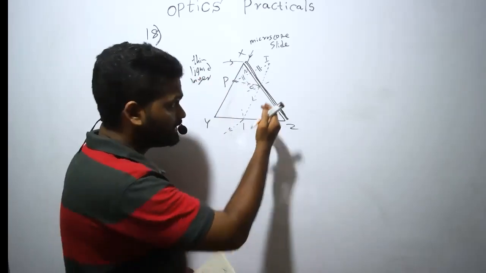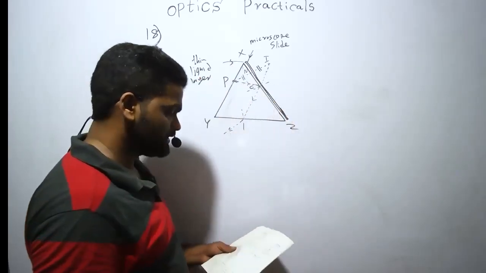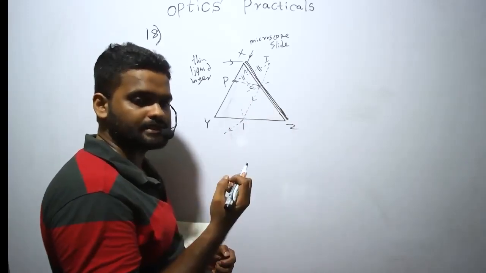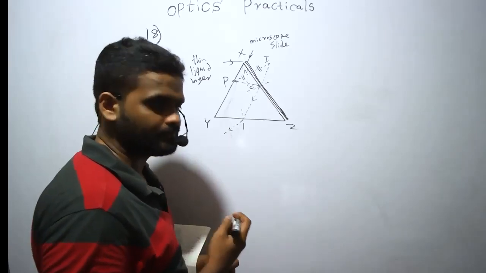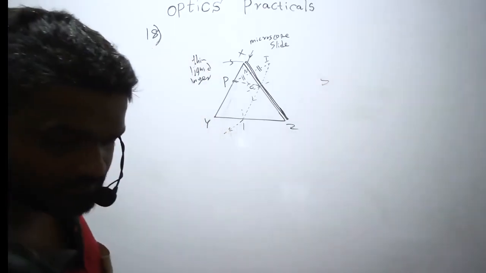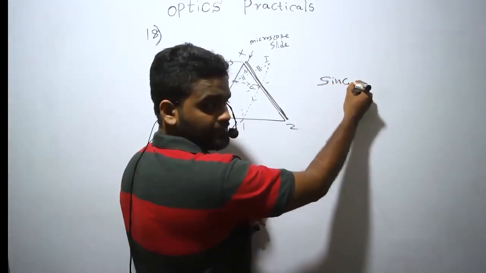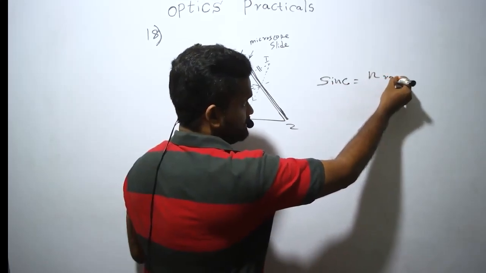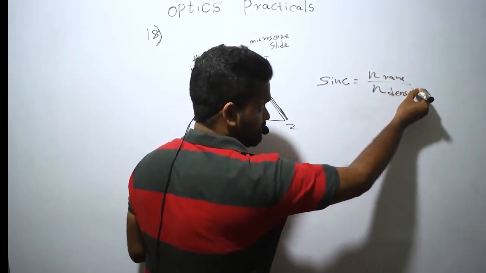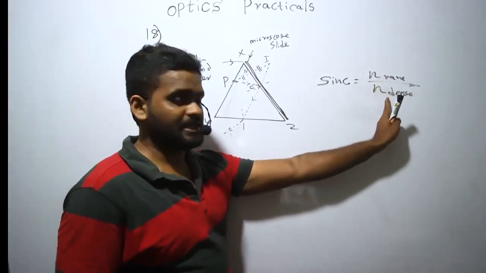But now there's a liquid layer outside. So let's see whether the critical angle increases or decreases if there's a liquid layer. Remember this equation, right? Sin C is equal to what? N rare divided by N dense. The dense medium does not change.